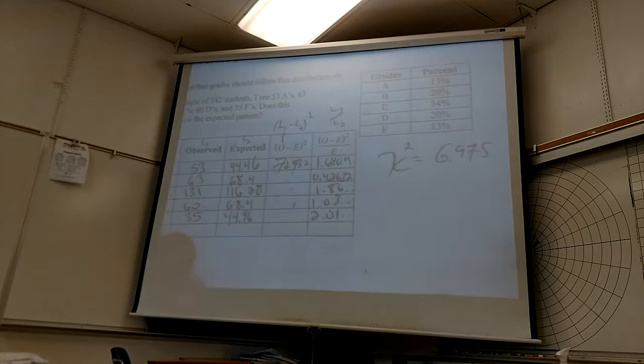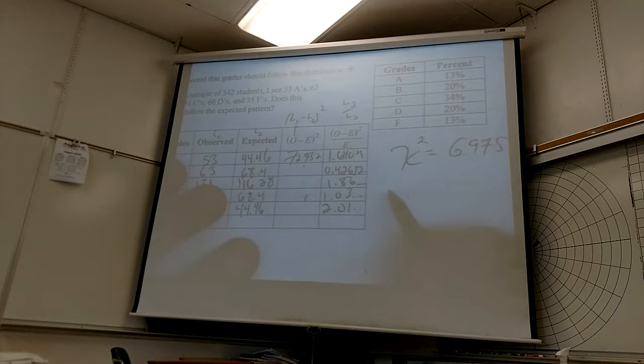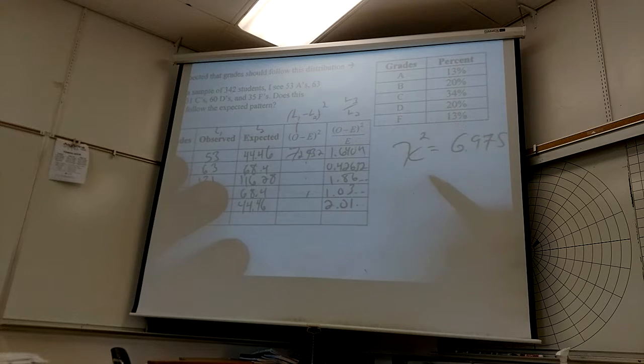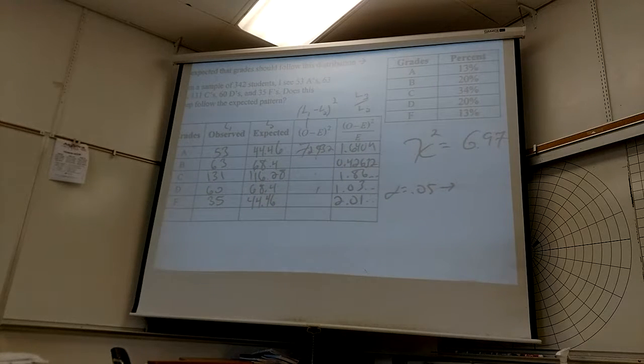Now notice how I don't tell you an alpha, so what does that mean? You can't do it. Now, what's the most used alpha? 0.05. Yeah, 0.05 is the most used alpha. So what's the critical score that leads to?